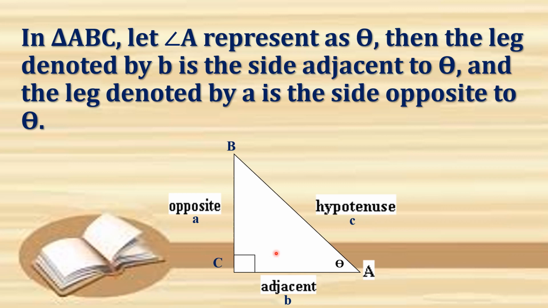If angle A is our unknown angle, the side opposite to angle A is what we call the opposite side, and the side adjacent to angle A is the adjacent side. And the longest side of our right triangle is our hypotenuse.